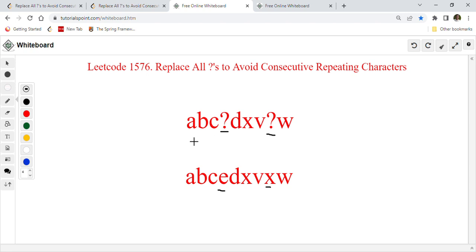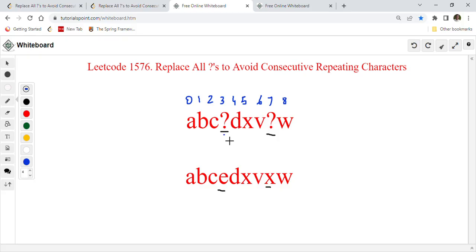So you reach this index. For example, this index, let's write down the indexes here. So this is 0, this is 1, this is 2, this is 3, this is 4, right? These are the indexes, right? 5, 6, 7 and 8. Okay, so total 9 characters are there. So once you reach this index 3, right, then you can find out the left neighbor and right neighbor.